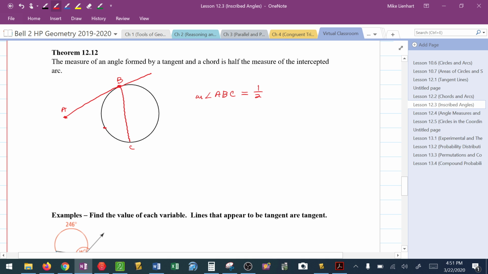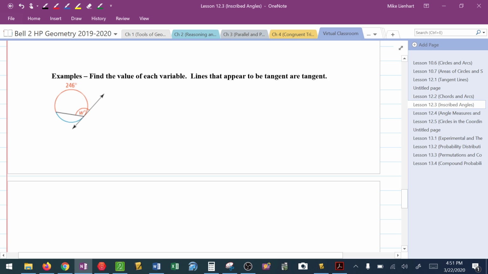Now, I'm going to put another point D right here, just so we know that the arc that we're talking about is arc BDC. This is exactly the same as the inscribed angle theorem. All right, it's just our inscribed angle looks a little bit different.